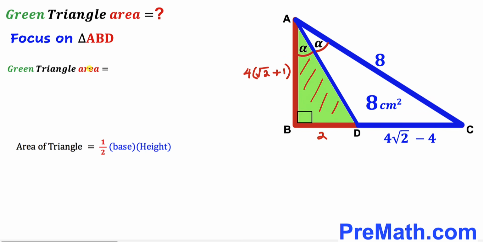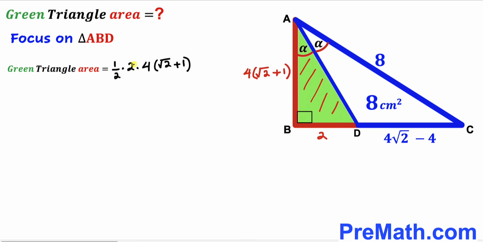So therefore, the green shaded triangle area is going to be a half times our base is 2 times our height is 4 times square root of 2 plus 1. And here we can see 2 and 1 divided by 2 is gone.